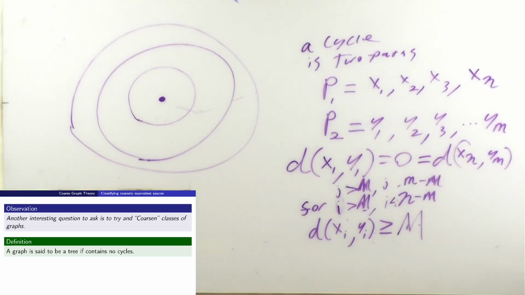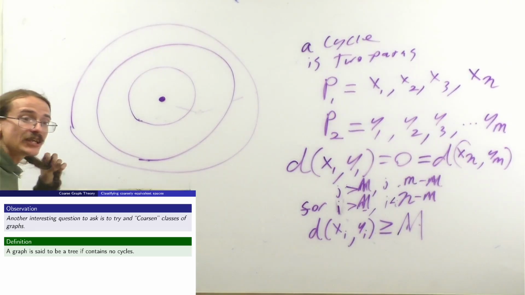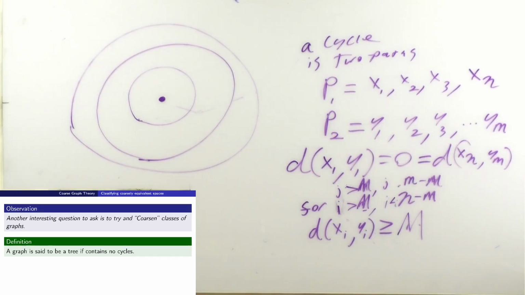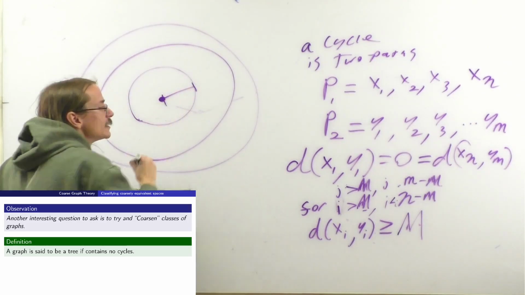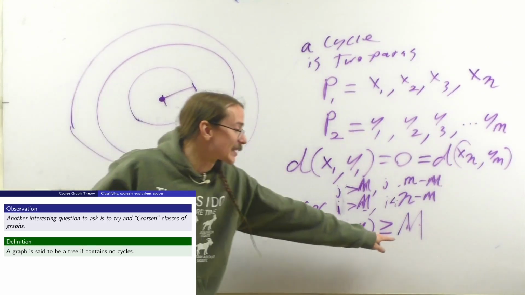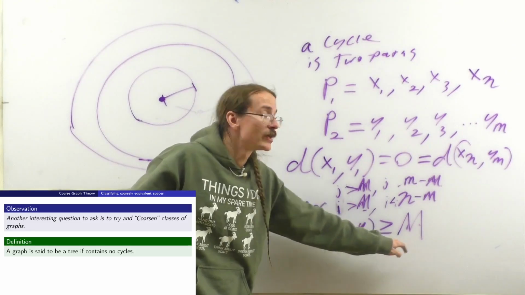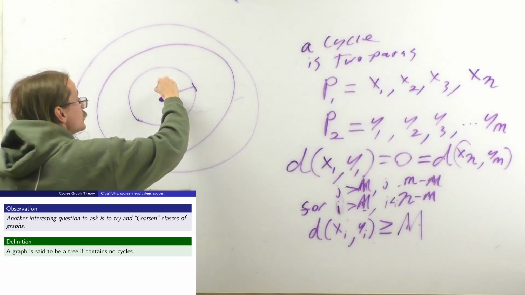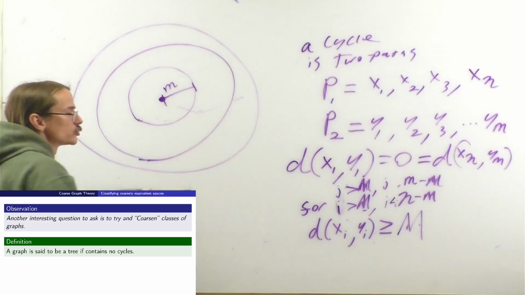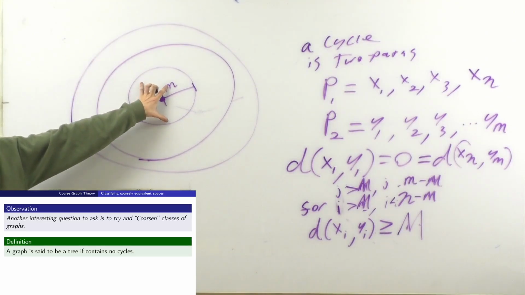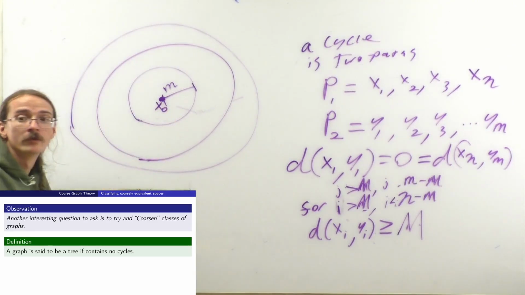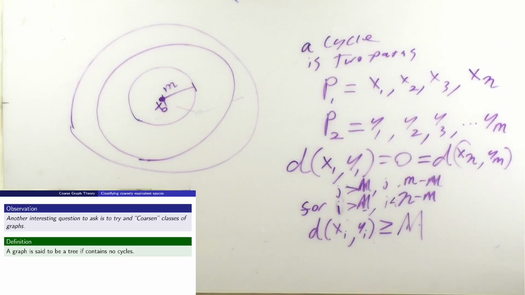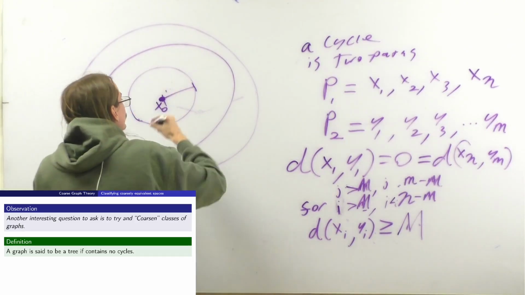We're going to layer the graph, and these layers are going to be defined using distances. Let's say M is the scale at which our cycles disappear. These layers are going to be defined to be distance M. So this first bubble is everything that is distance M from, let's call this point, x0.